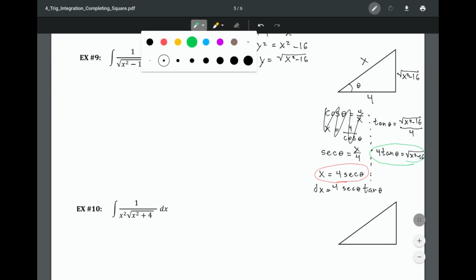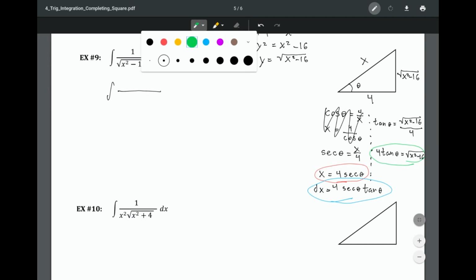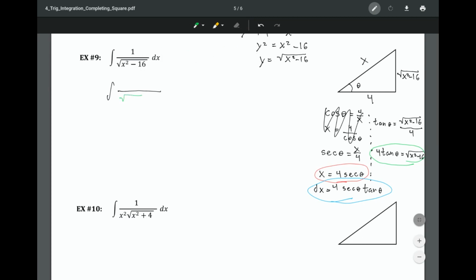I'm going to substitute that dx with all of this. I'm just circling everything that I'm doing. So here we go. The square root of x squared minus 16 is going to be the 4 tangent of theta.